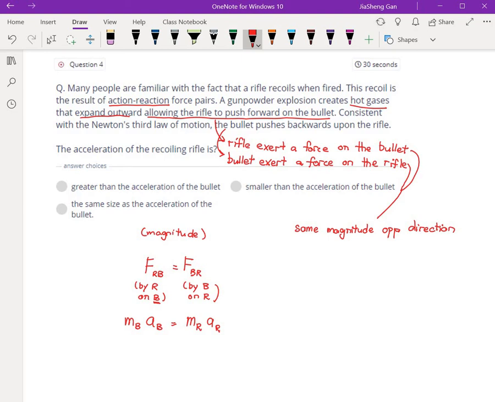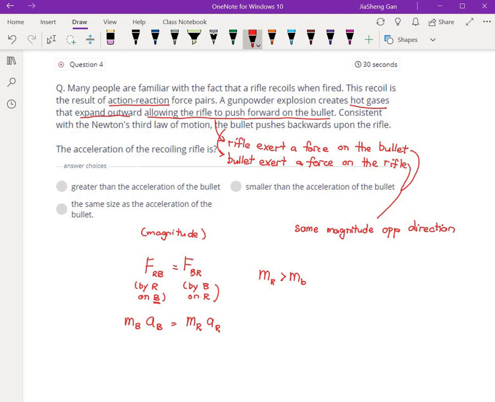So we know that the mass of the rifle is much greater than the mass of the bullet. The bullet is very small, very light, whereas the rifle is more massive in comparison.